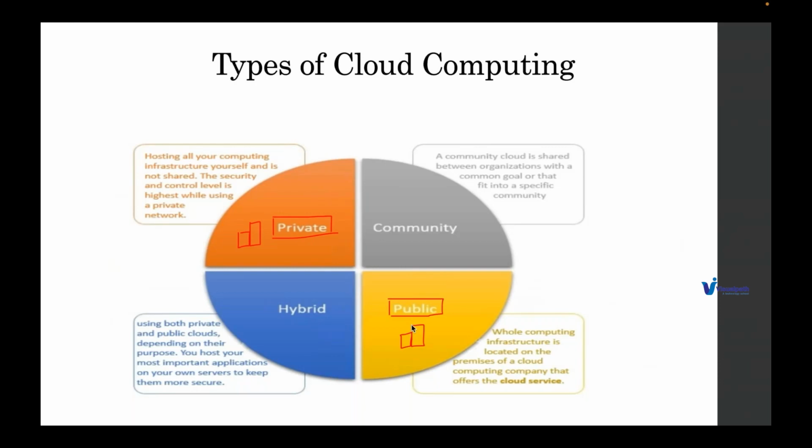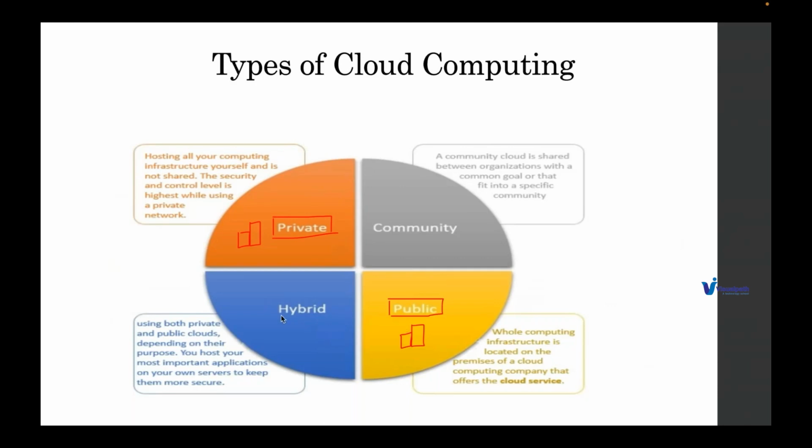All these are public clouds. Since this is available to every individual, anyone can create an account and start consuming the service. That doesn't mean that whatever I host, you can access it. You can't. Whatever I build is private to me, and whatever you build is private to you. That we call a public cloud.